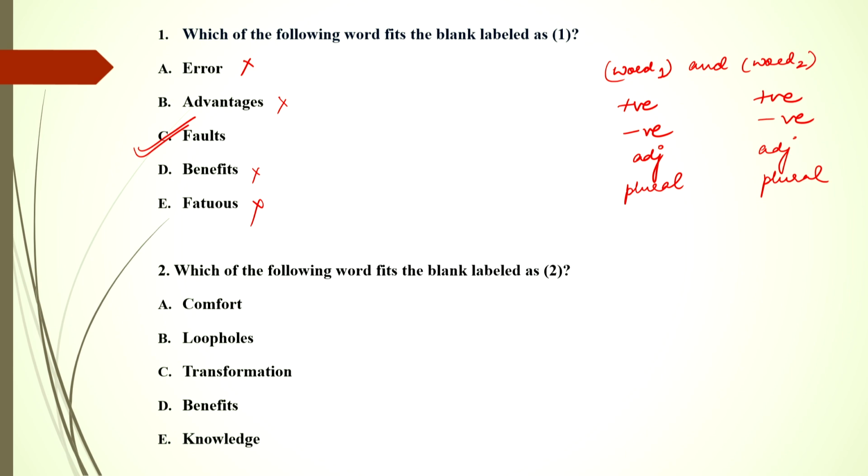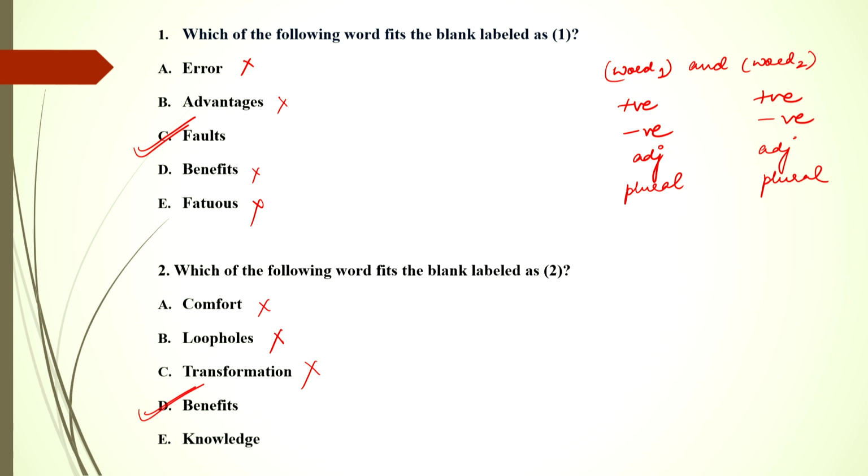Words in option A and C are positive, but they are singular, hence they are ruled out. Now option B is a negative word, hence it is also ruled out. Now option D is satisfying both the requirements, that is, it is plural and a positive word. Hence option D, that is benefits, is the correct answer.